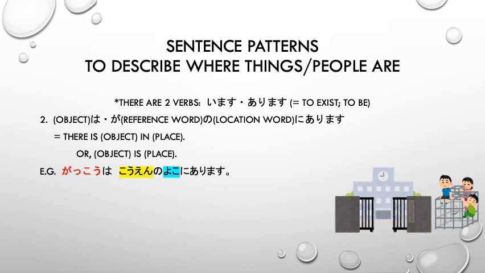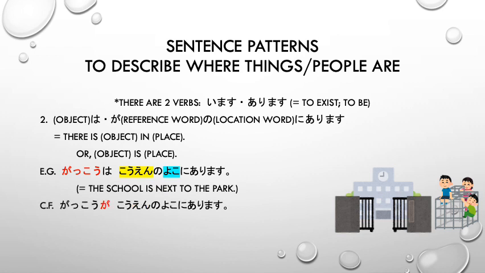Example 学校は公園の横にあります。The school is next to the park. Okay, if you use が instead of は、学校が公園の横にあります。Means there is a school next to the park.